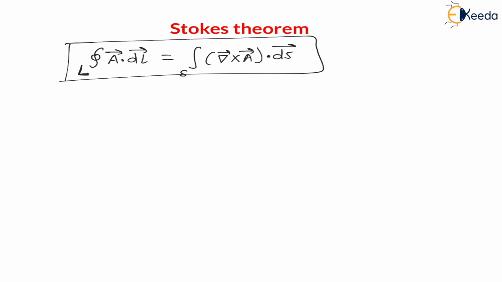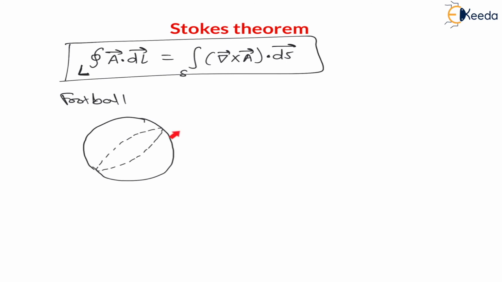Now for a closed surface, what happens? Let us assume a football. A football is a closed surface, like this spherical surface. Now, if I consider a very small element, the area vector will be perpendicular to this surface.